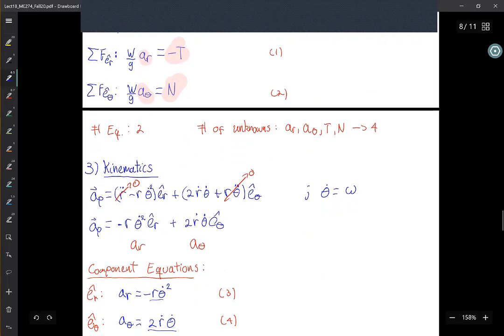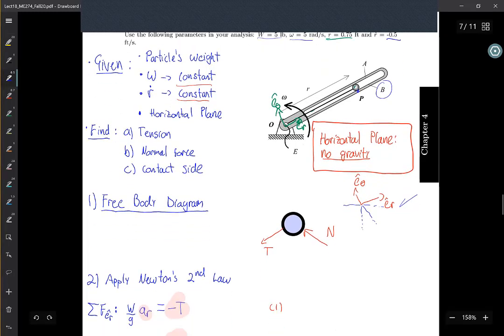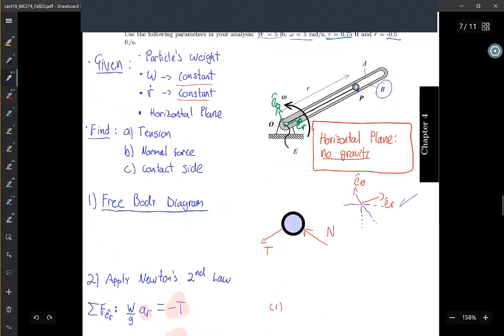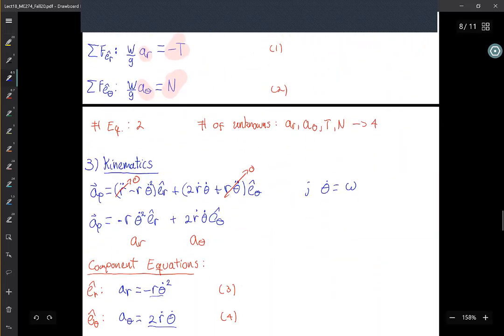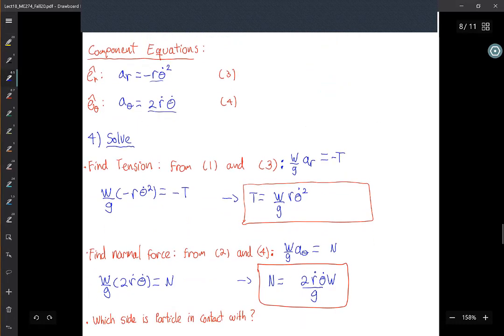So we go here and we say, all right, the numbers we have are that r dot is negative and this omega is positive. So we have a negative sign here and a positive sign here.